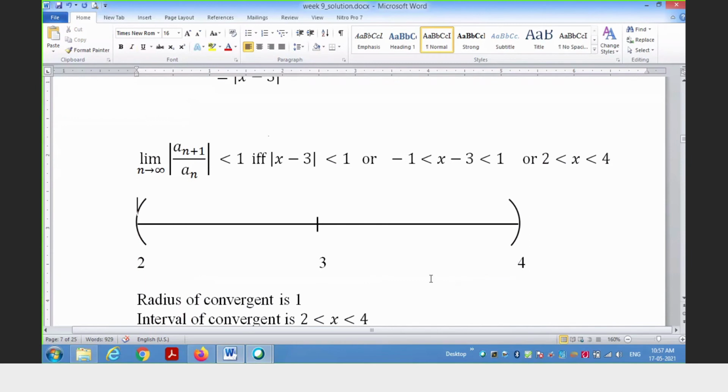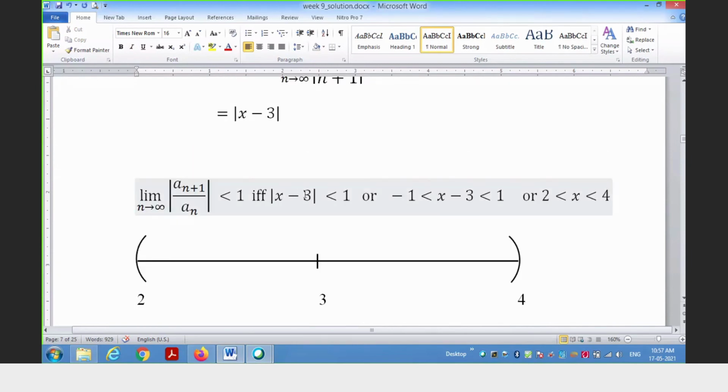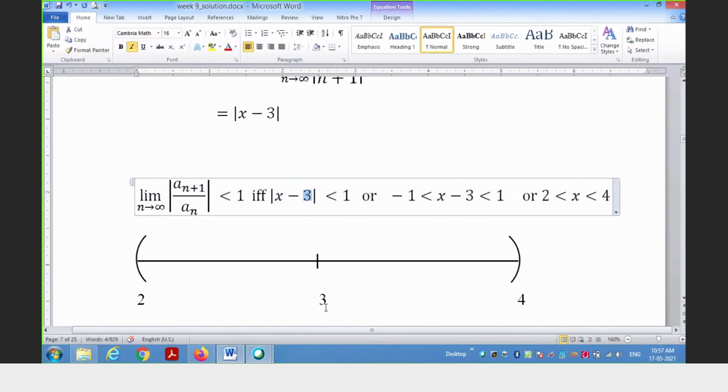Now x minus 3 means that the center of expansion is 3. Remember, before this we have x minus a, and the center of expansion is x equal to a. So with x minus 3, the center is x equal to 3. The interval of convergence is between 2 and 4.